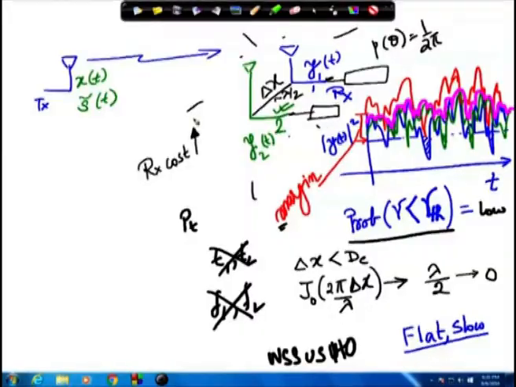Otherwise, nothing else, and receiver cost is going to go up, and along with that, because the complexity is up, what you can also guess is receiver power consumption would go up, simply because you are processing at more than one branch. This is called a branch. This is one of the receive branches, this is another receive branch. So, you have to do processing with as many branches.